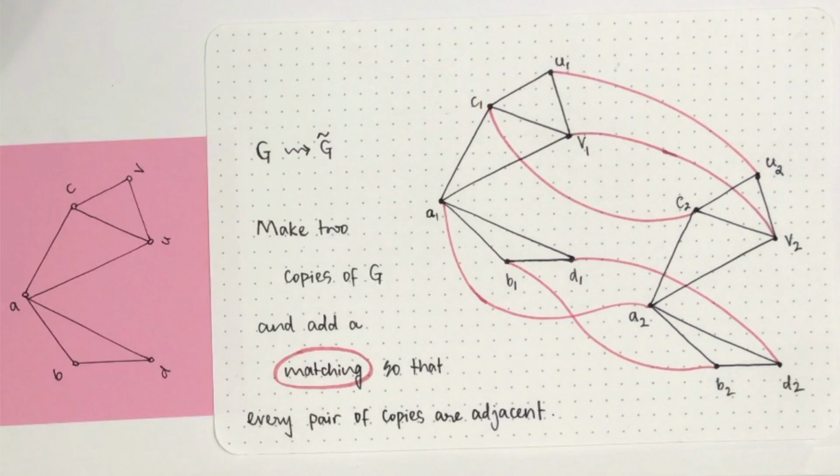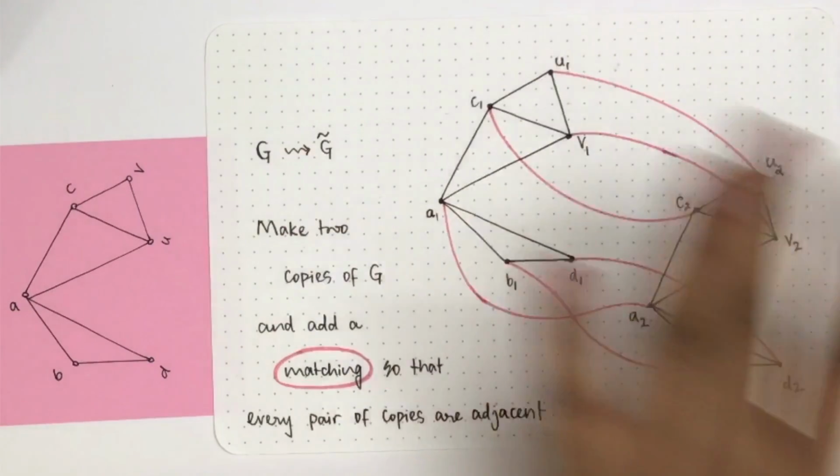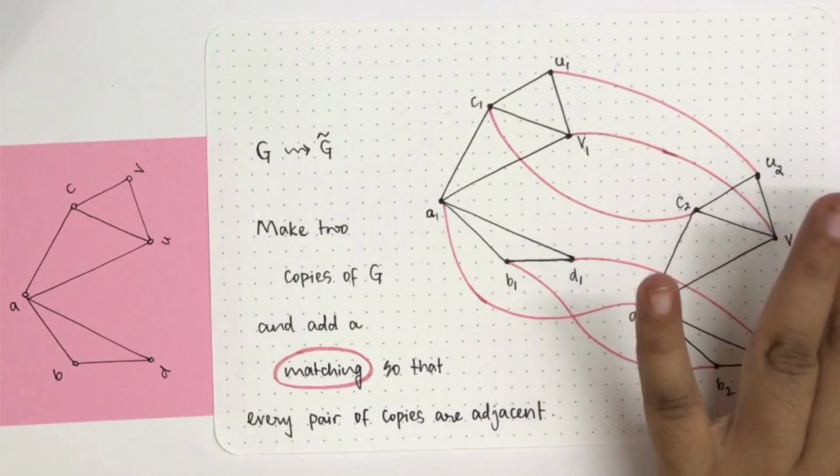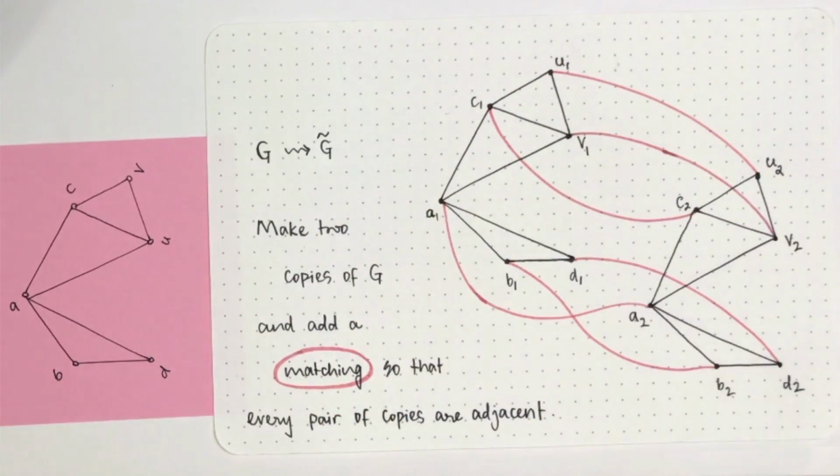So in general, if you started with a graph on n vertices, you're going to obtain a graph on 2n vertices and 2m plus n edges. So all the original edges are going to be duplicated. So you have two copies of them. So that's the first 2m edges. But on top of those original edges, you're also going to add this matching. So that's going to be an additional n edges.